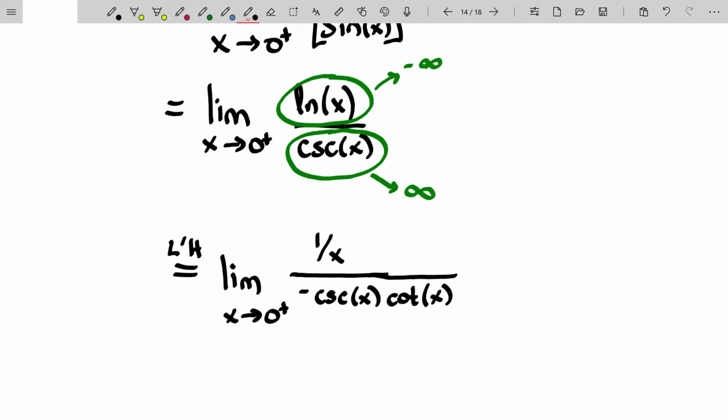And again, we're dealing with x going to 0. Now, I would love to just plug in 0, but I can't. The cosecant is undefined at 0, so I cannot just plug in 0. It just won't work. But I don't want to just jump into another L'Hopital's rule here without trying some algebra or arithmetic or trig.